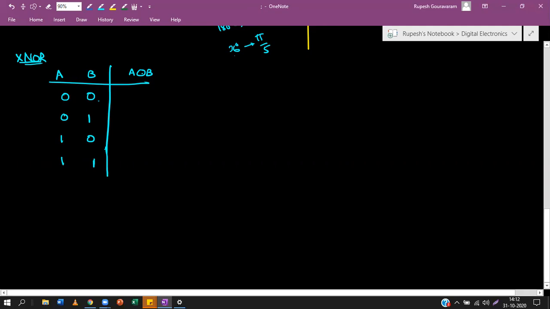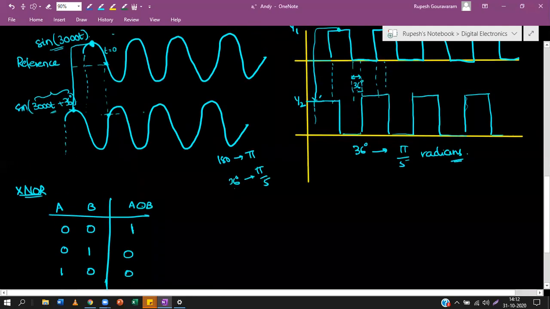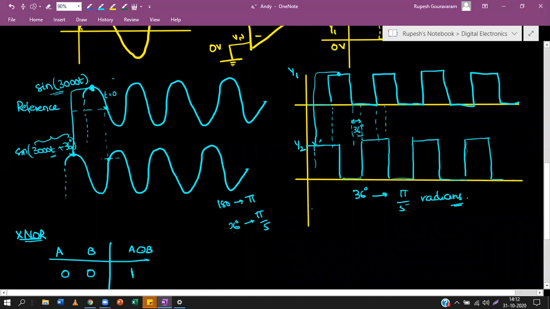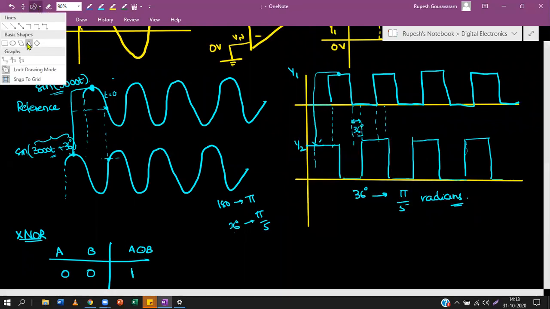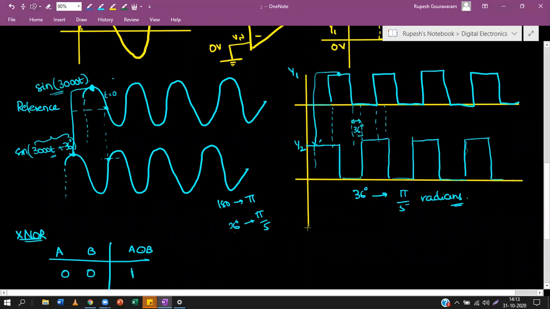Whenever both the inputs are the same, the XNOR will become 1. This is 0, this is 0, this is 1. So this is the logic for the XNOR gate. The same thing happens here. What will be the output here now?